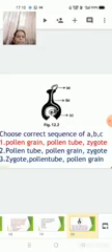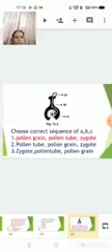Second option says pollen tube, pollen grain, zygote. That means A will be pollen tube, B will be pollen grain and C will be zygote. Third option says A is zygote, B is pollen tube and C is pollen grain. So here, children, the first option is correct because first is pollen grain, second, that is B, is pollen tube and C is zygote.